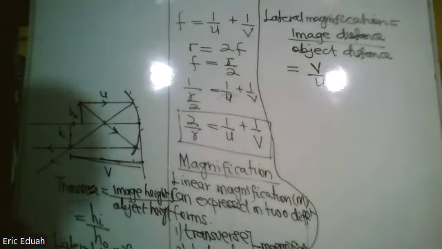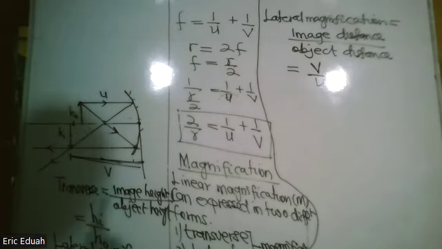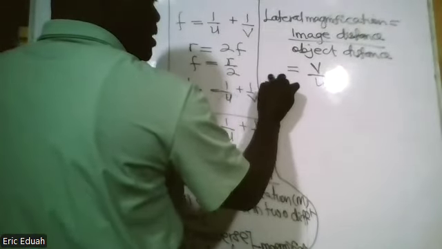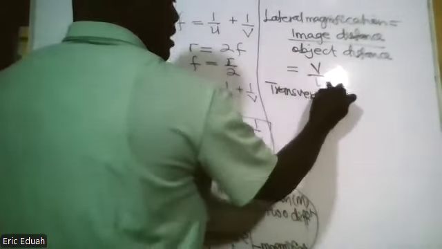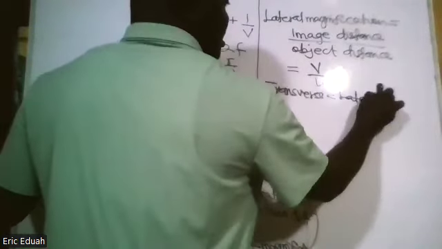Now laboratory experiment and theoretical analysis show that transverse magnification is equal to lateral magnification.